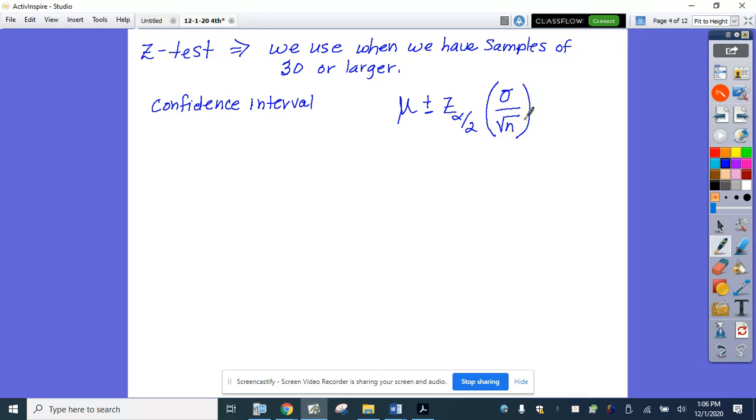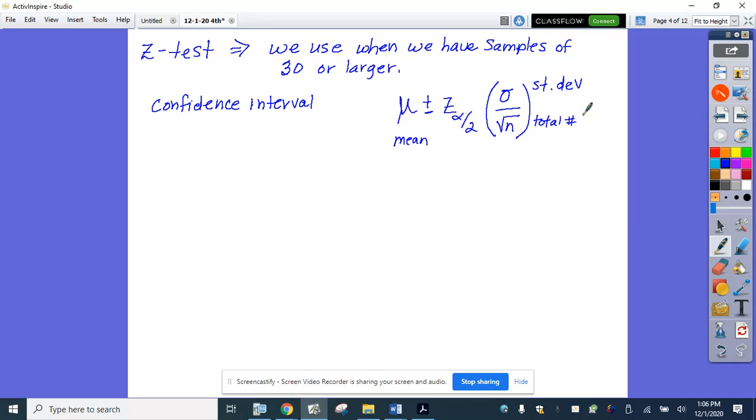So basically what I'm looking at is I have the mean, I have the number that I'm given for z sub alpha over 2, my standard deviation, and then n is the total number of people that I talked to in my particular sample.